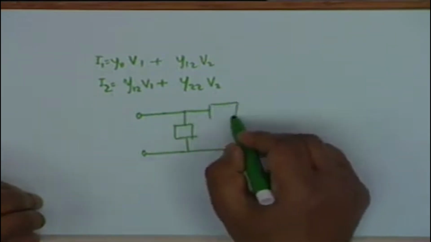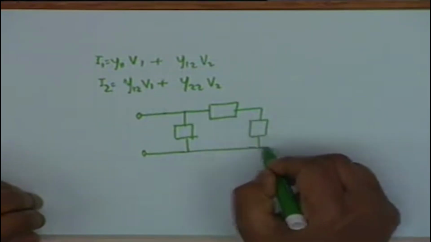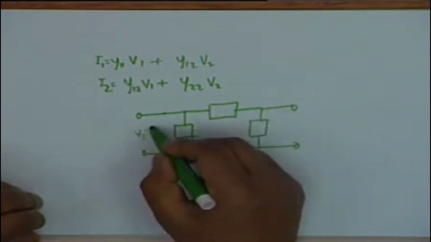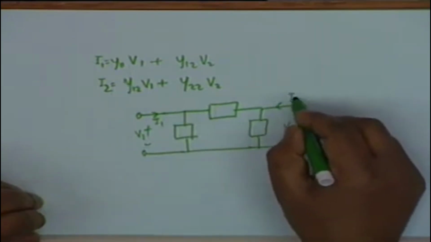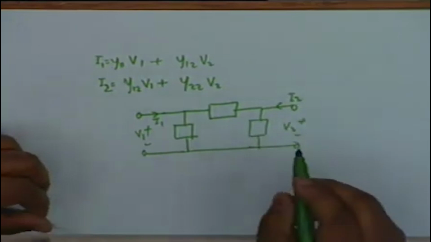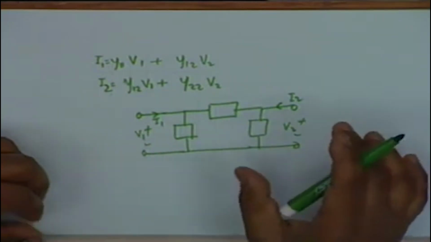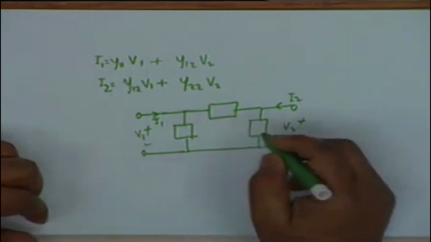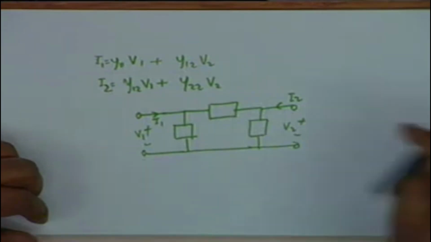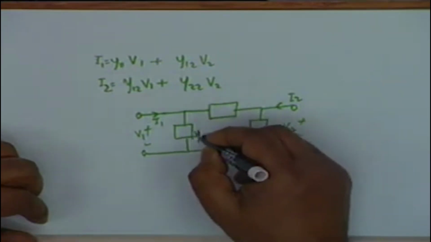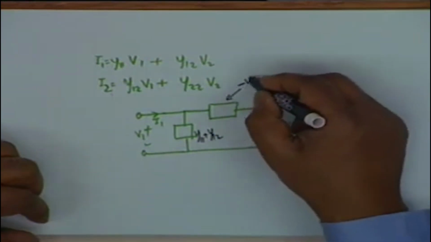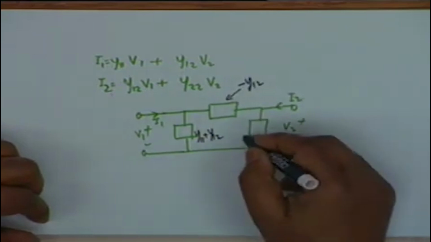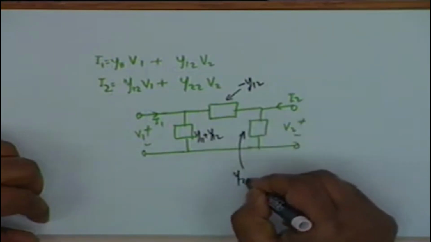V1, I1, V2, I2. I am omitting the bars because it is implied that in this context they are all phasors, and these various parameters are: this is Y11 plus Y12, this admittance is minus Y12, and this admittance is Y22 plus Y12.